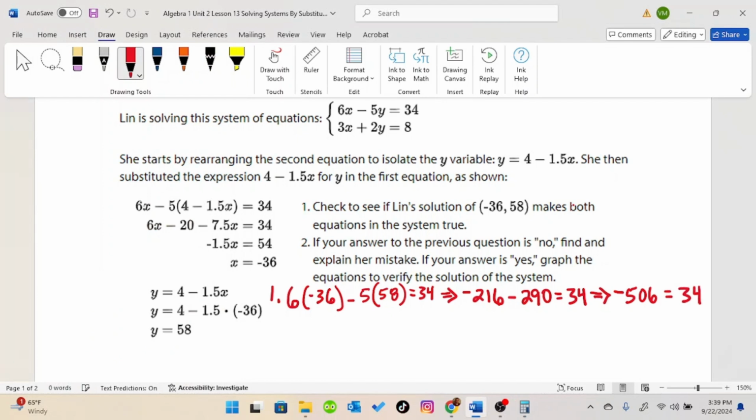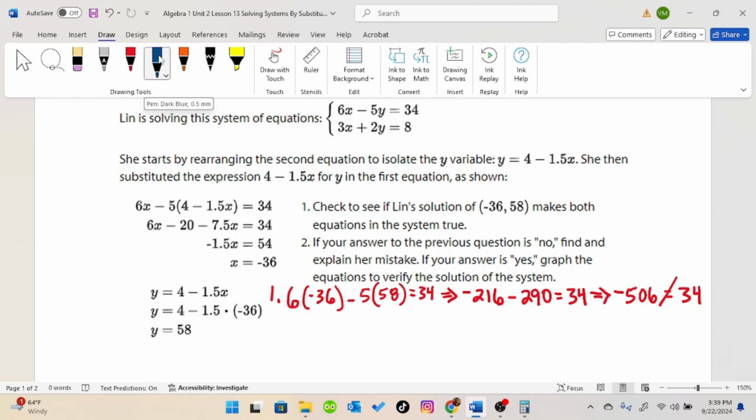And that does not equal 34. So her solutions are wrong. We don't even need to check the second one because it didn't make the first one correct.